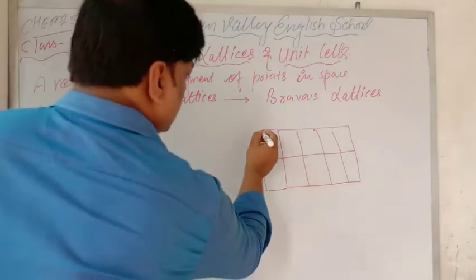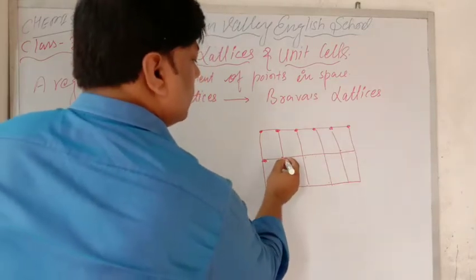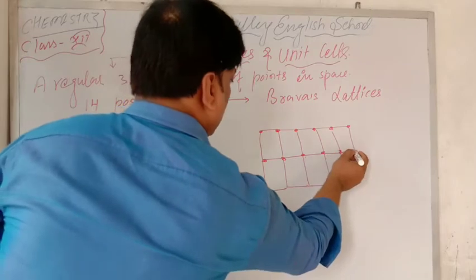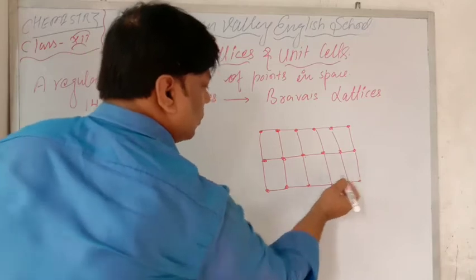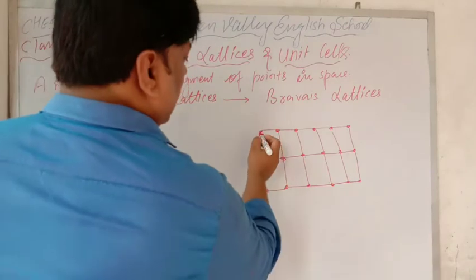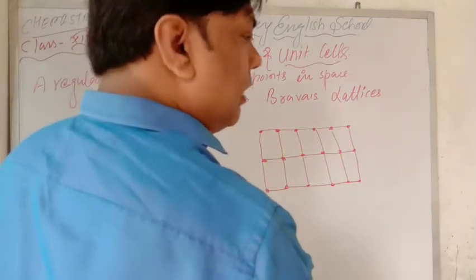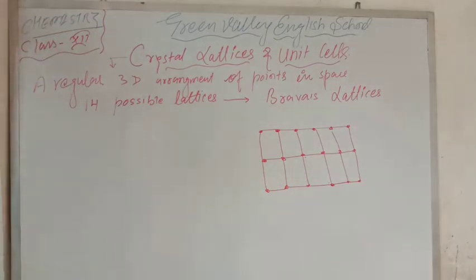Here, these points are called atoms, molecules or ions. So the first thing is these points are called atoms, molecules or ions. Second, the points in the crystal lattice are joined by a straight line, so that we can easily understand the structure.